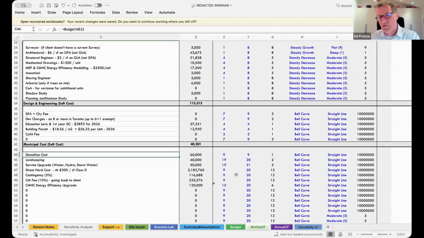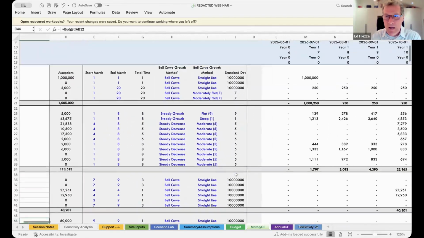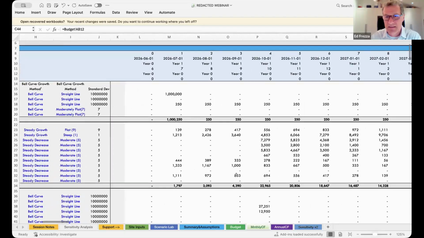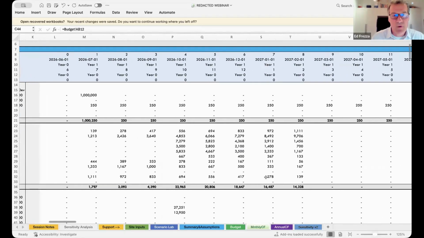So we can scroll over to the right now, and we'll show you the first 8 or 9 months and how that looks. You can see at the very top you have 0, 1, 2, 3, and that refers to the months, and it goes all the way to 80, because as I mentioned, we have 8 months of entitlement, 12 months of construction, and 60 months of holding.